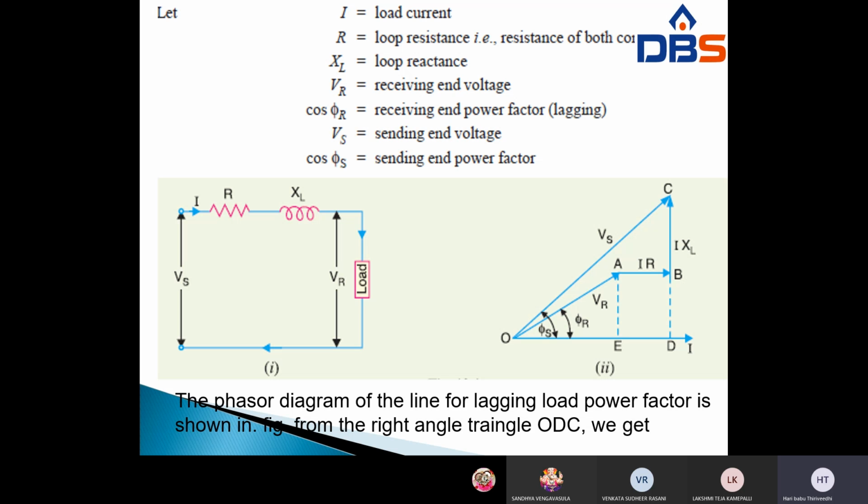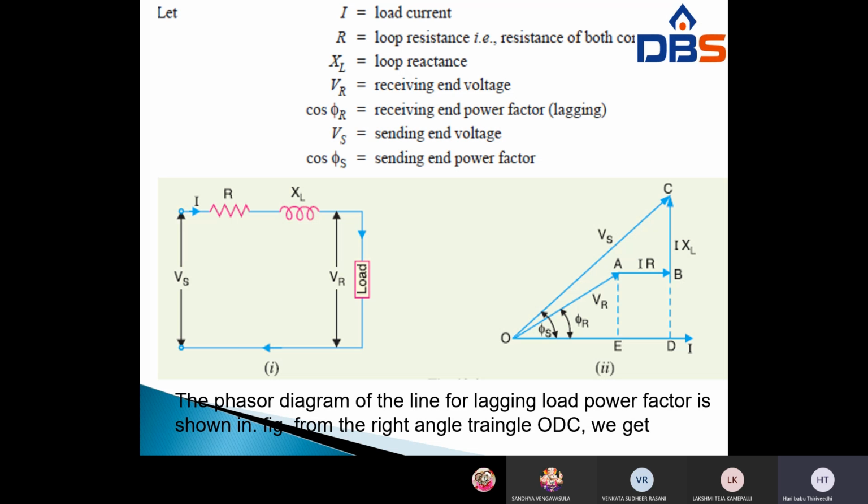Once again I explain clearly. First you have to take the receiving end voltage as reference. First draw the receiving end voltage, and the current is lagging. Why? Because it is a reactive, inductive network. There is no capacitance, that's why the current is lagging VR by some angle.